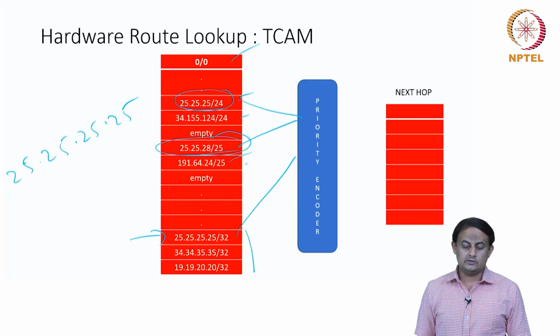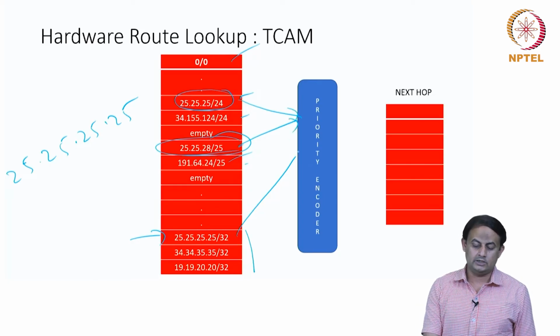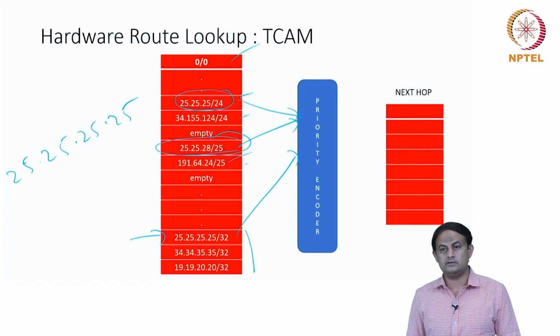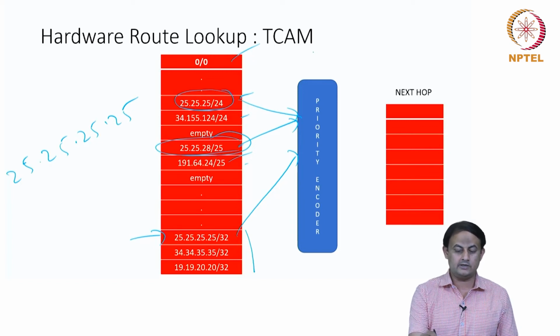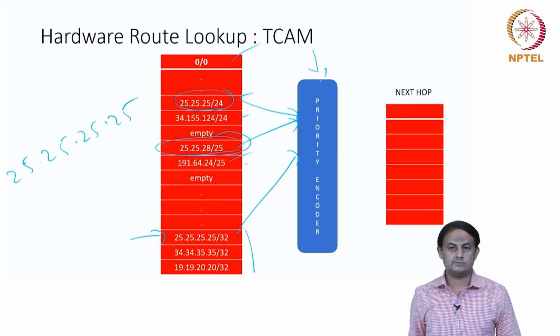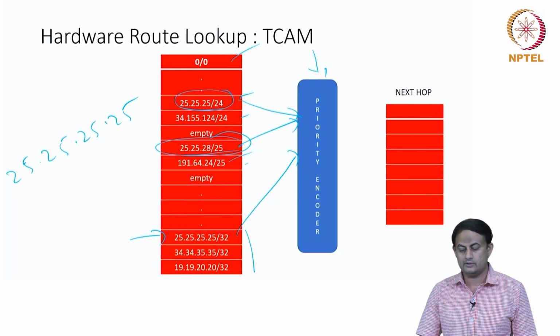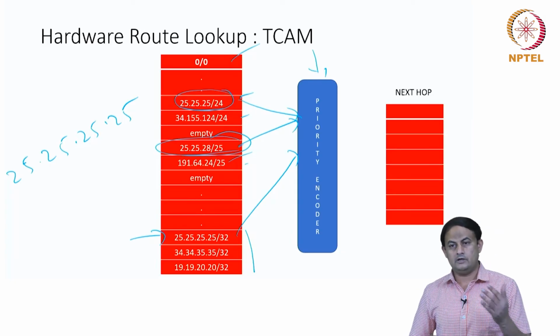That resolution of whether I should go with the first match, the second match or the third match, is done by this priority encoder. Every match that is found is fed into this priority encoder, and that will resolve the conflict.